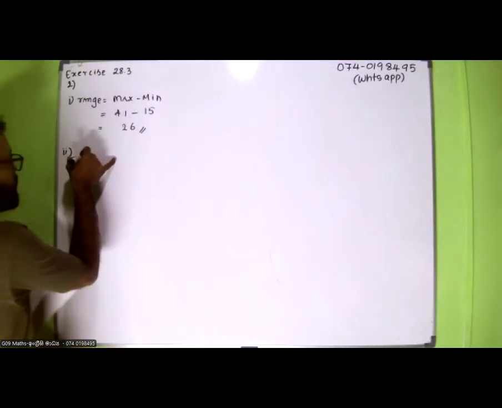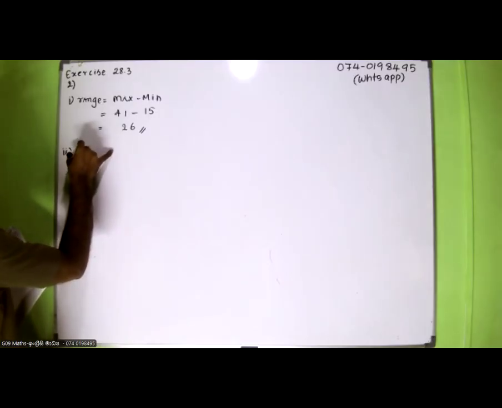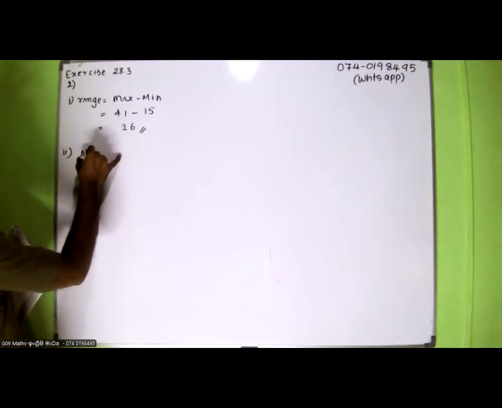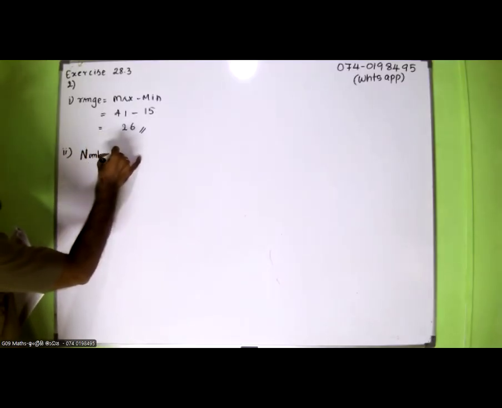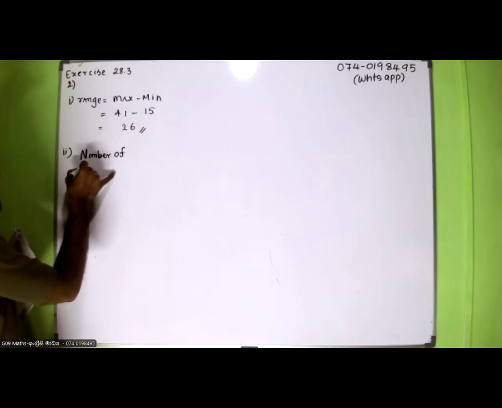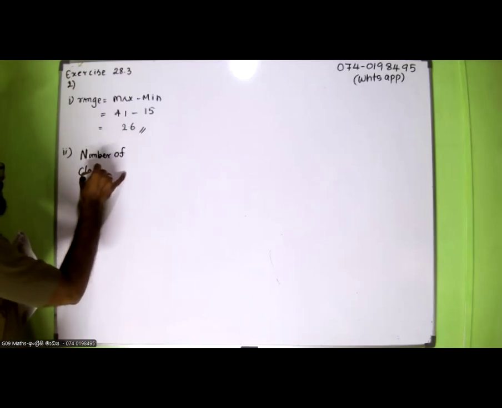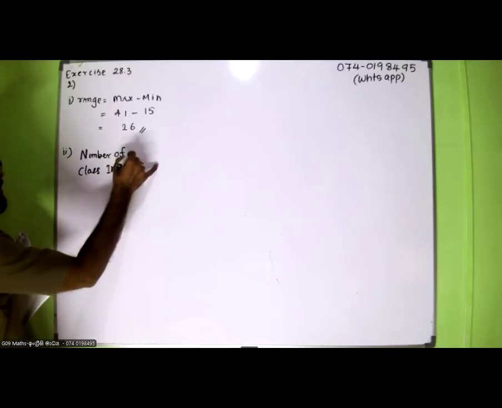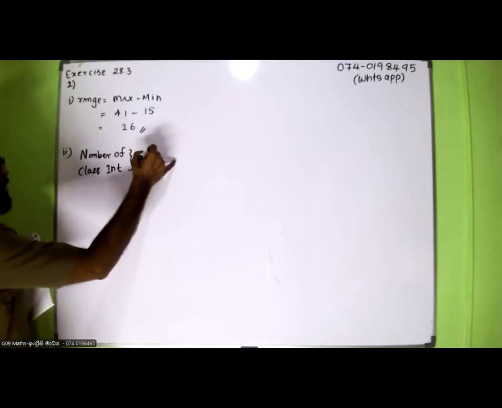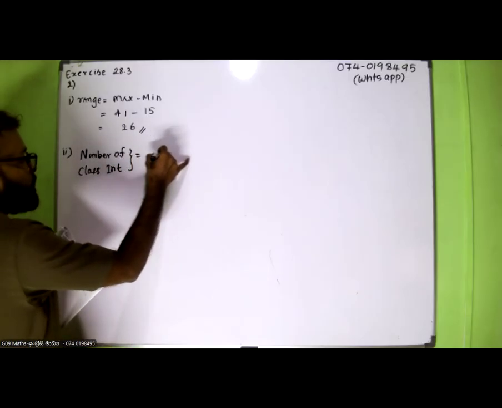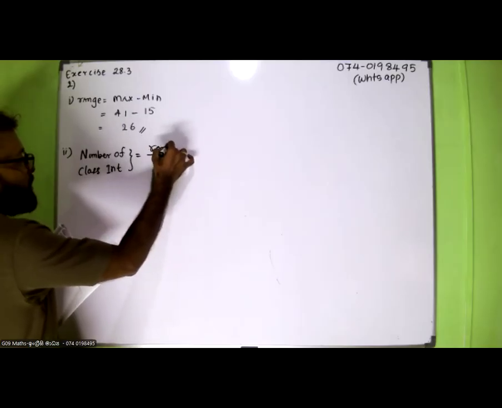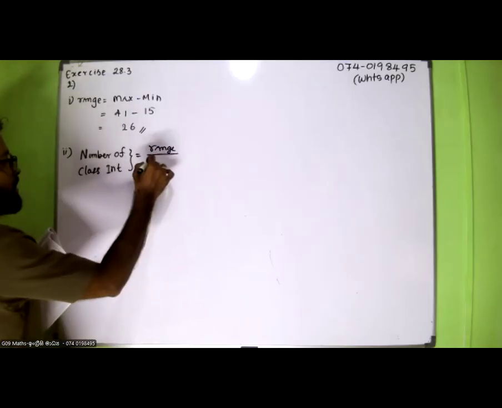So guys, you know the class size is 5 and you can write the equation: number of class intervals equals the range divided by the class size.